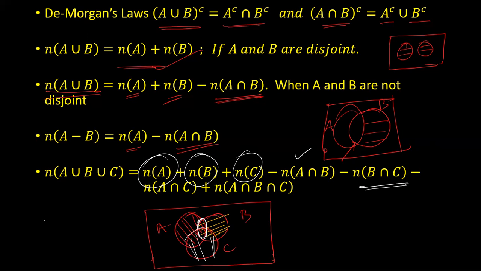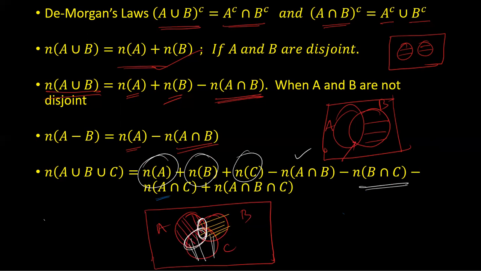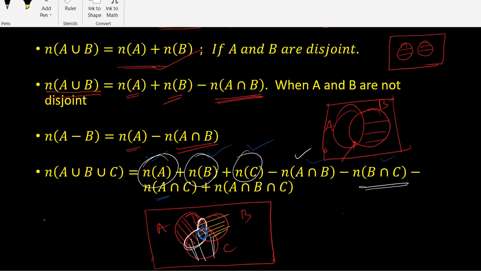Same way, A intersection C is counted twice, so we subtract one part. After subtracting all these parts, the central part has been counted 3 times and subtracted 3 times, so that part is eliminated.